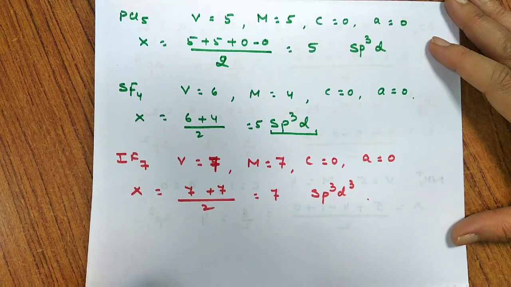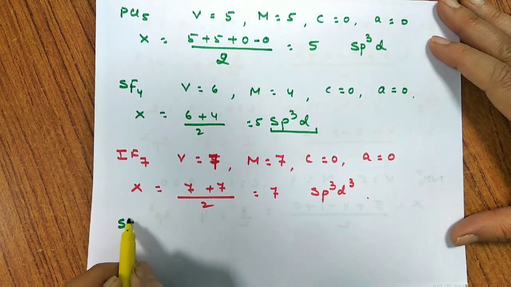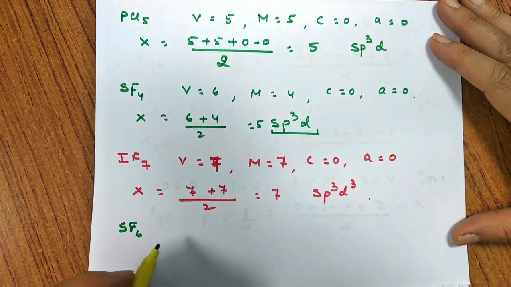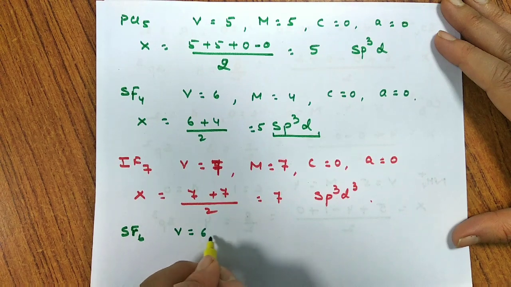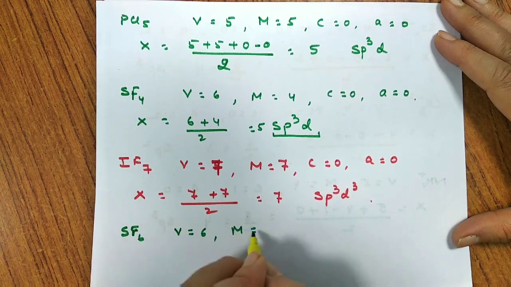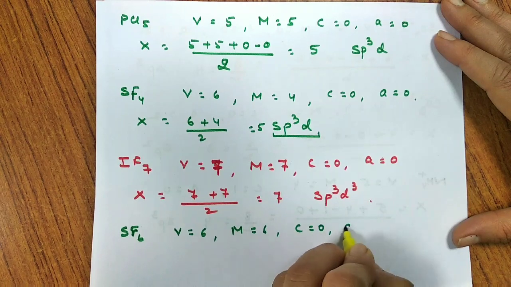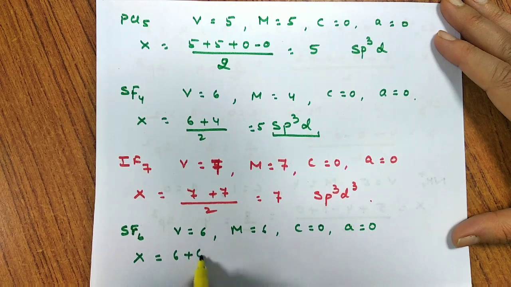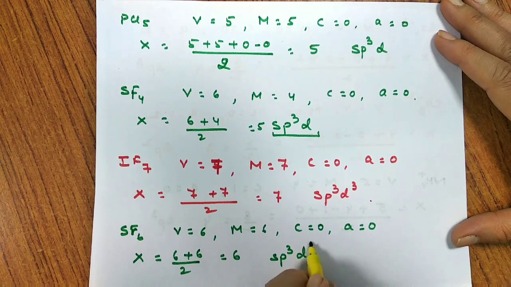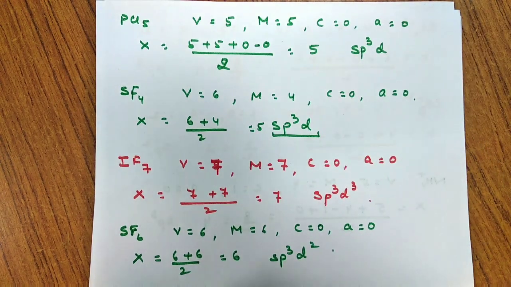One more example let me take, and then I will give you some questions that you will write in the comment section. So V is 6, M is 6, C is 0, A is 0. So X comes out to be 6 plus 6 divided by 2, that is 6, sp3d2. So I think this is the simplest way. You know the formula, you just put in the values and you get the hybridization, how to predict the hybrid state.